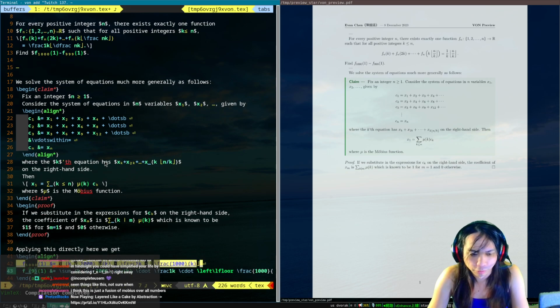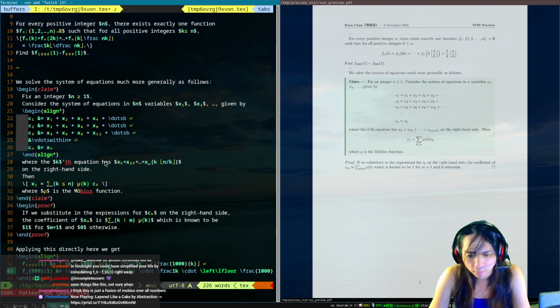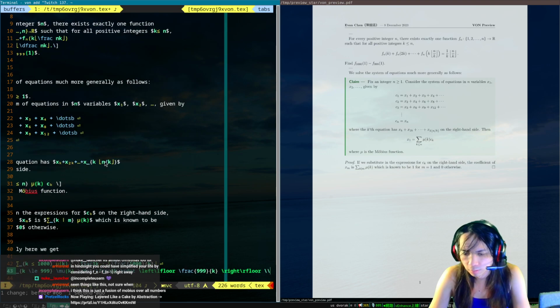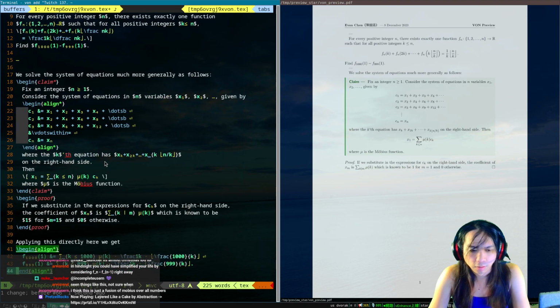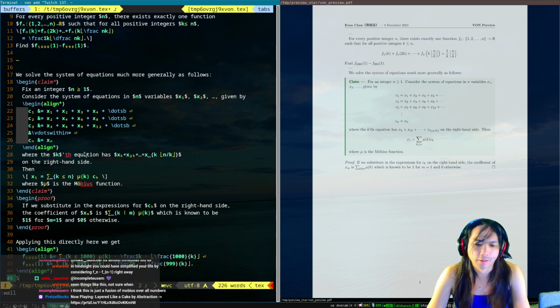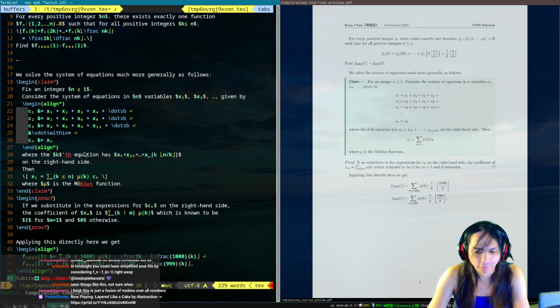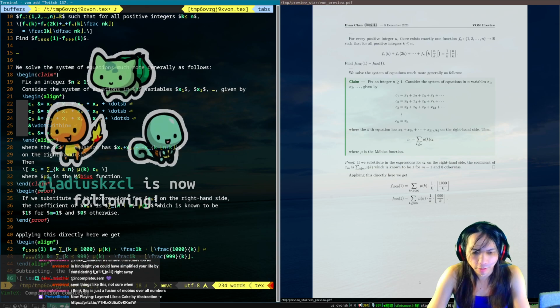And the same thing for 999. And then subtracting, the final answer is literally a sum over k dividing.